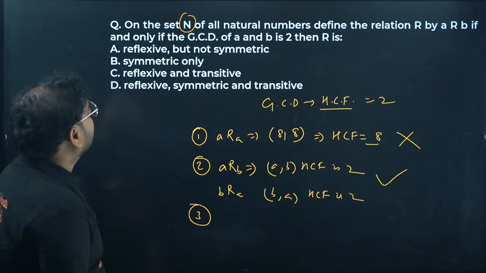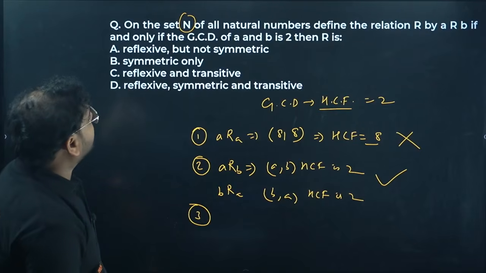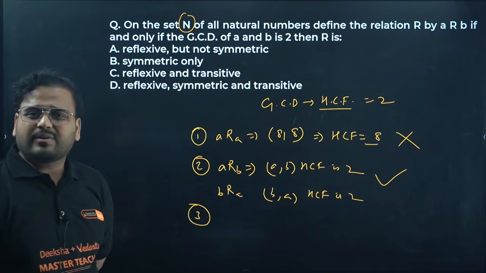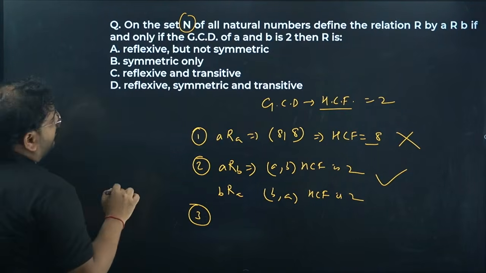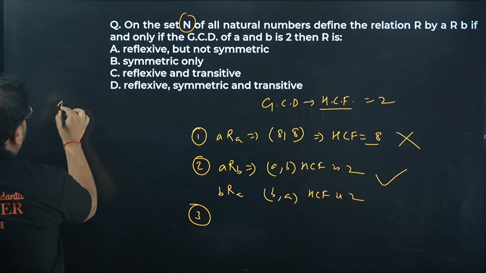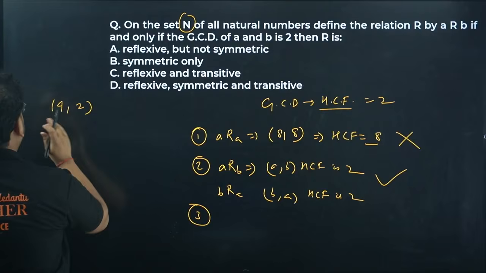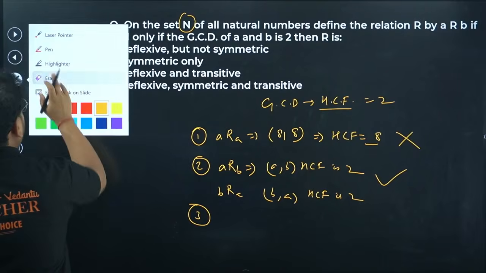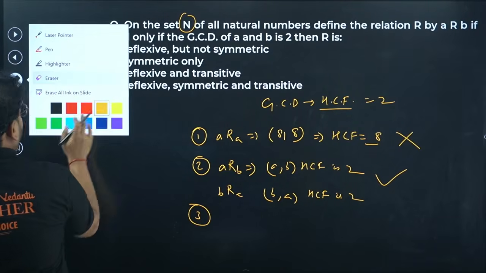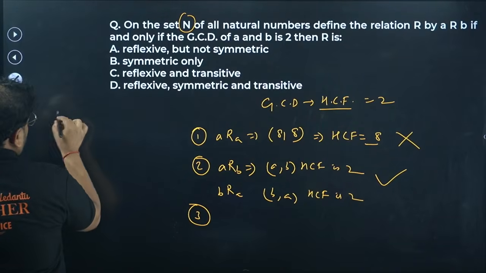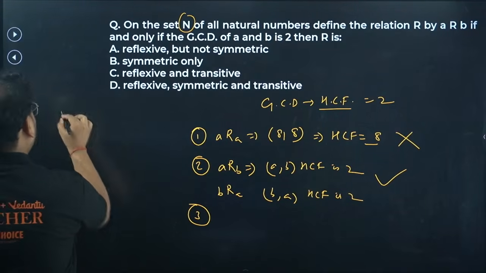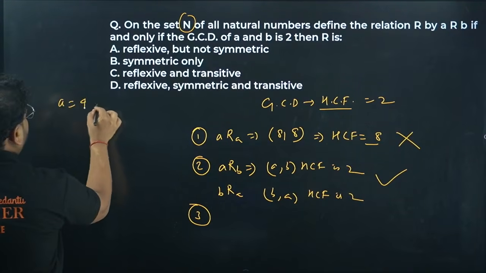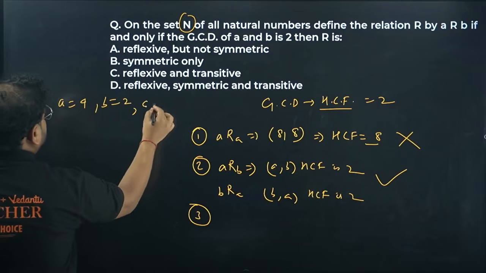Look for the last one, the transitive relation. We can take a lot of examples, check this out. Let's take A as 4, B as 2 and C as 8.